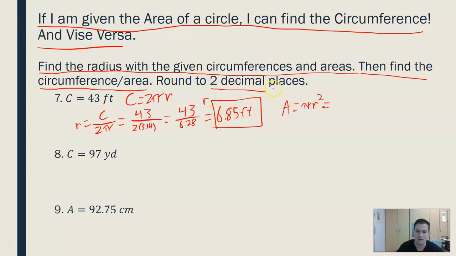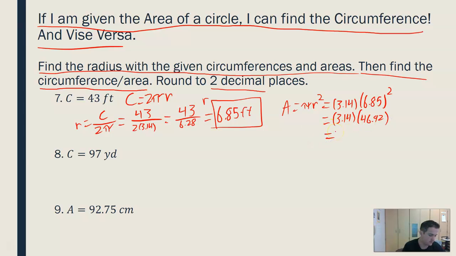So I just found my radius. So area is equal to 3.14 times the radius squared, or 3.14 times 6.85 squared. 6.85 times 6.85 is 46.92.